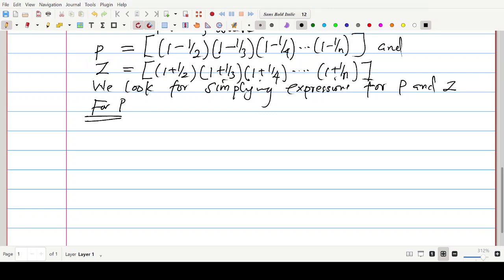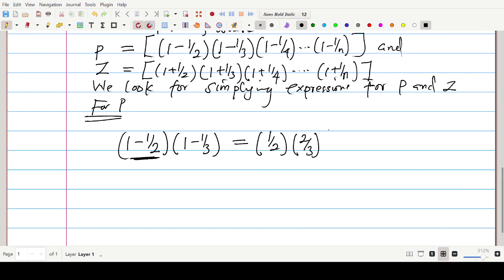So let's take the product of the first two terms. (1 - 1/2) times (1 - 1/3), when you simplify the expressions in the parentheses, you get 1/2 times 2/3, and this breaks down to 1/3. Can you see that?